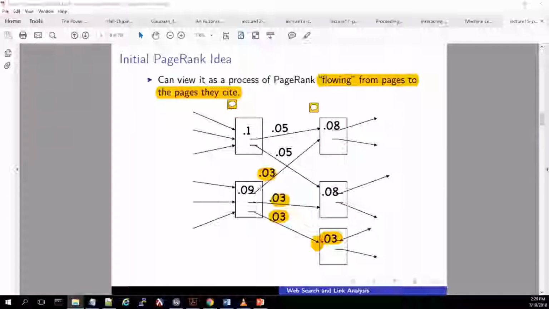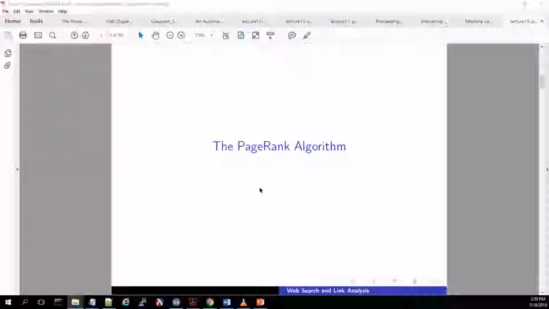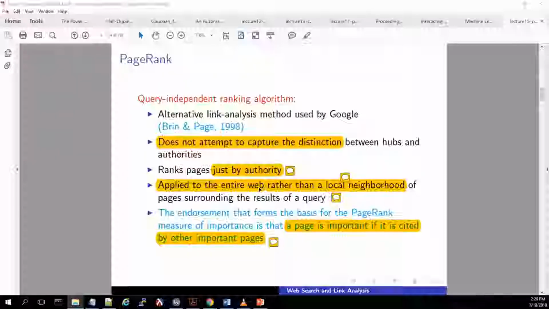And when you go into a particular web page and you need to rank the web pages, you can use the page rank algorithm to calculate the order in which the web pages will be listed. Alright, so it ranks pages just by authority.